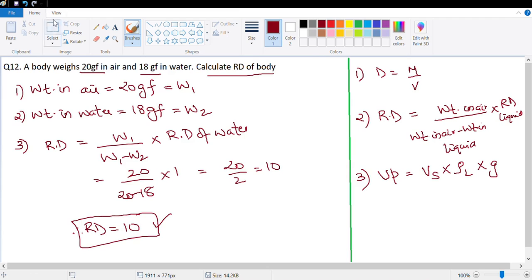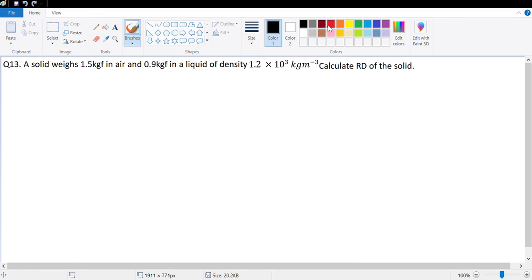Very simple. Let's look at the next numerical. The next numerical that we do is question number 13. It says a solid weighs 1.5 kilogram force in air and 0.9 kilogram force in a liquid of density 1.2 into 10 to the power 3 kilogram per meter cube. Calculate relative density of the solid. So let's just figure it out.